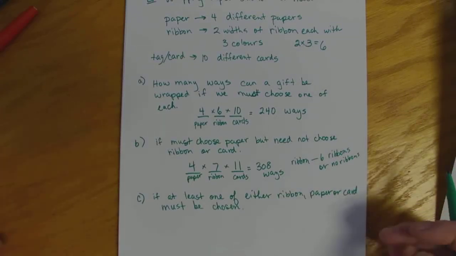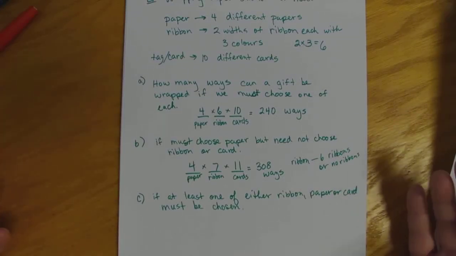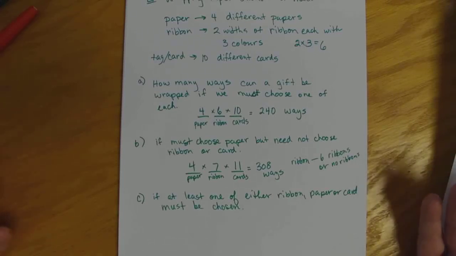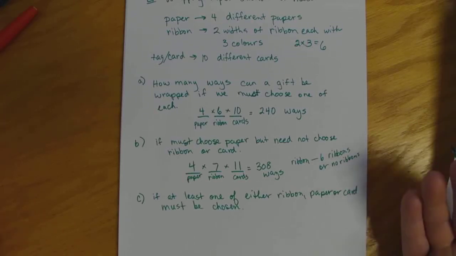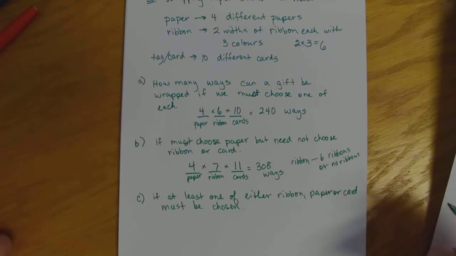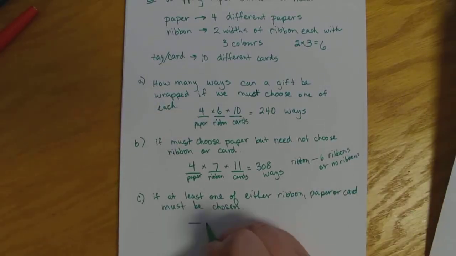So that's saying if you walk up to this gift wrapping station, you must choose something, but it could be that you walk up and say, can you put a ribbon on this? Or can you add a tag to my box? But maybe you don't need paper. So you could ask for one or more. Maybe you want just a ribbon and a card, or maybe you want just a paper and a card. Pause the video and think about what you would put here.